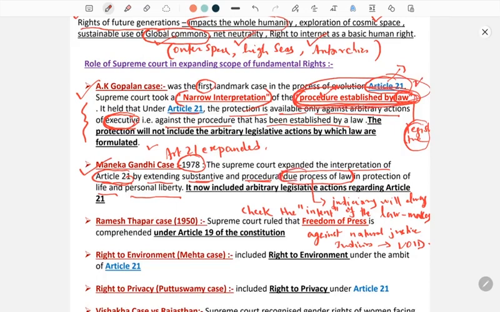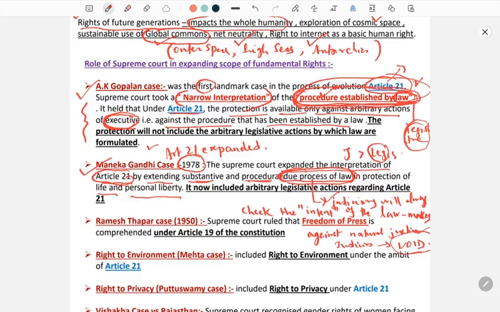But in due process of law, the judiciary has higher or wider powers than the legislature, because here the judiciary will check the intent of the lawmakers. If it is against natural justice, it has the power to make the law void.